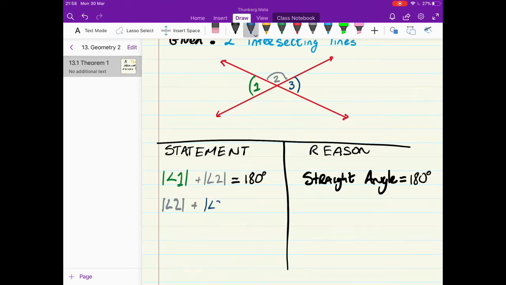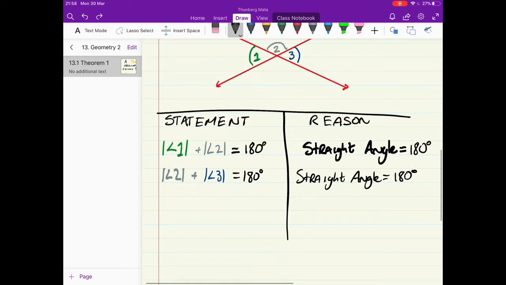The next statement I'm going to make is that angle 2 plus angle 3 is also equal to 180 degrees. And again, the reason that's true is that's another straight angle. So a straight angle is equal to 180 degrees. So 2 plus 3 is also equal to 180 degrees in this case.